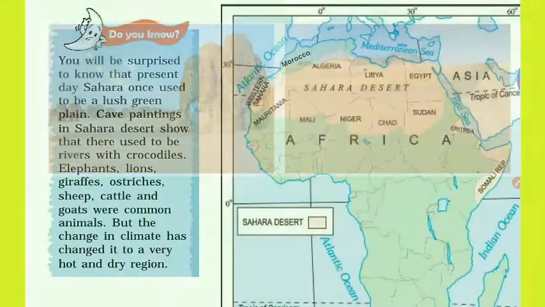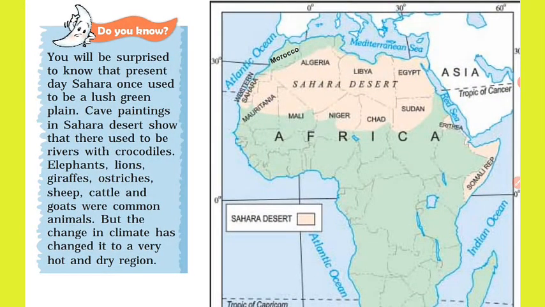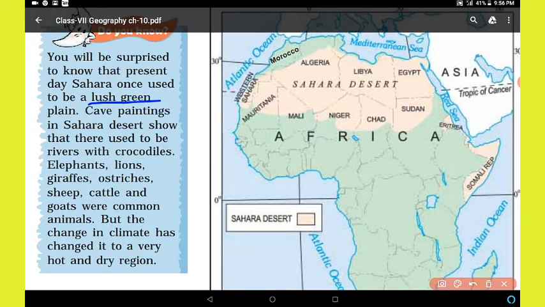You'll be surprised to know that present-day Sahara once used to be a lush green plain. Cave paintings in the Sahara Desert show that there used to be rivers with crocodiles, and elephants, lions, giraffes, ostriches, sheep, cattle, and goats were common animals.